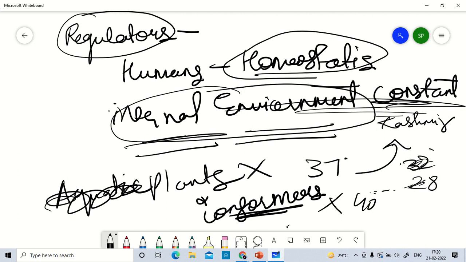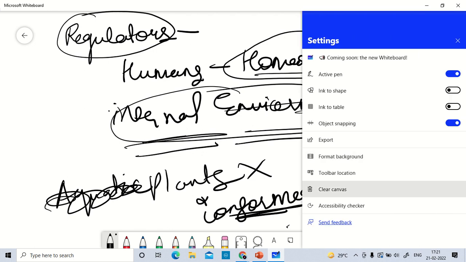Some snails and fish go into estivation to avoid summer-related problems, heat and desiccation. Under unfavorable conditions, many zooplankton species in lakes and ponds are known to enter a diapause. Diapause is a stage of suspended development.